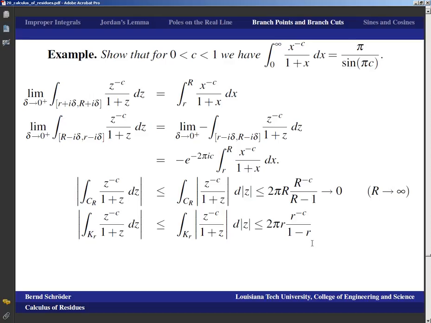And this time around, as r goes to 0, this goes to 1, but r to the minus c, remember c is smaller than 1, so we get r to the 1 minus c, which still goes to 0 also as lowercase r goes to 0.